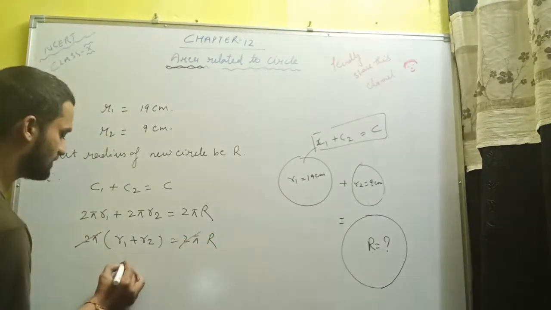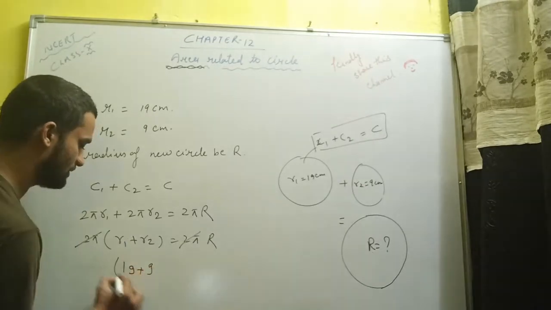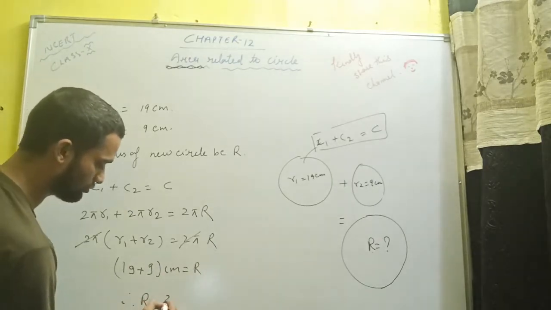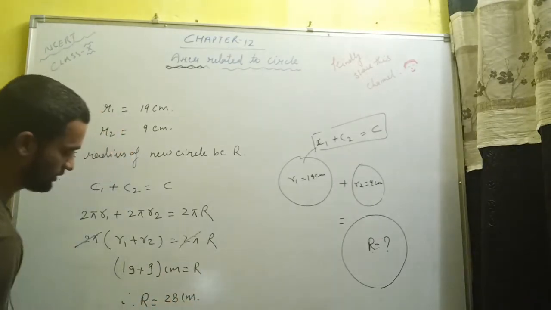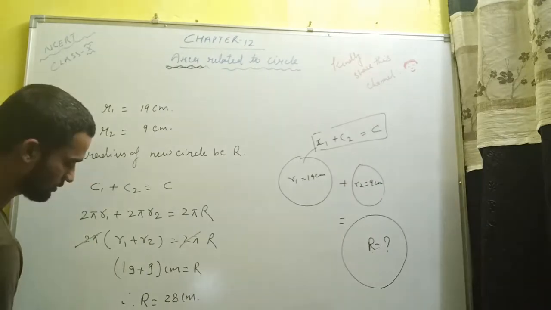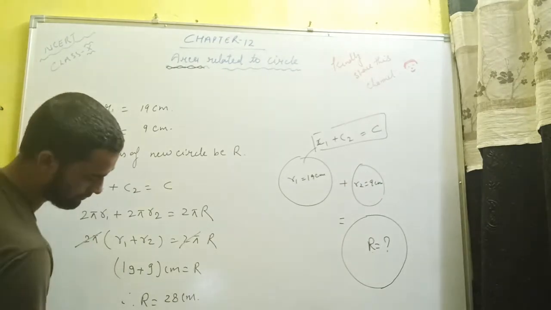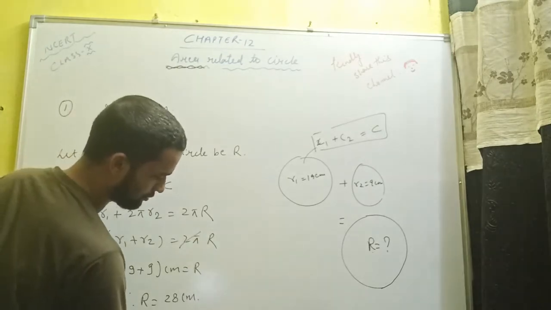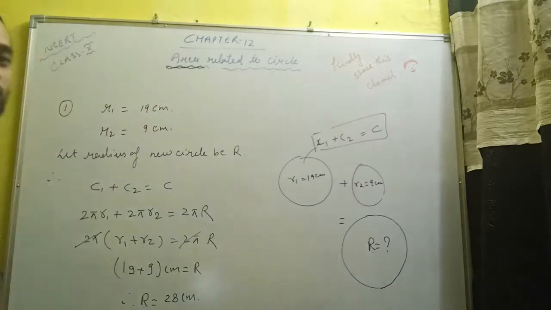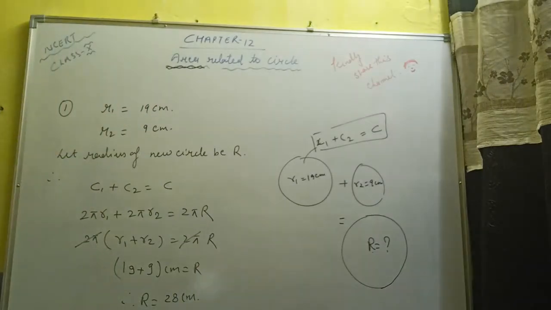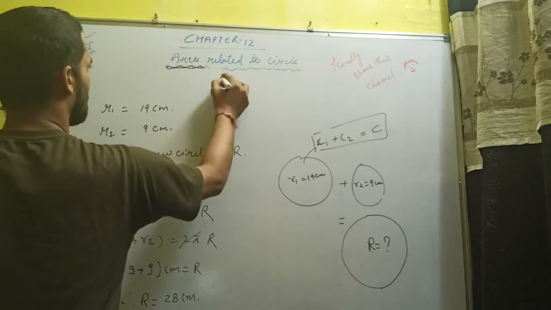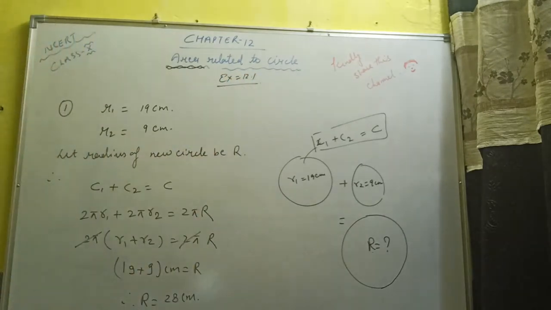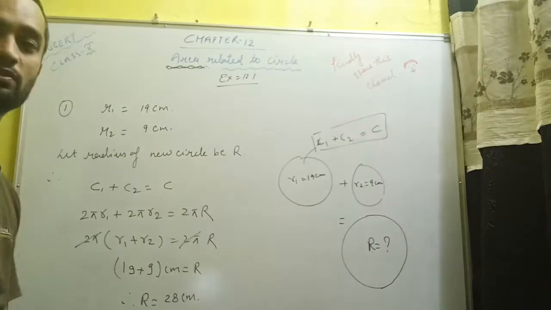Value of R1 is 19, plus this 9 centimeter is equal to R. Therefore R must be equal to 28 centimeter. Therefore the radius of the new circle is 28 centimeter. This is the solution for your first question, Exercise 12.1.